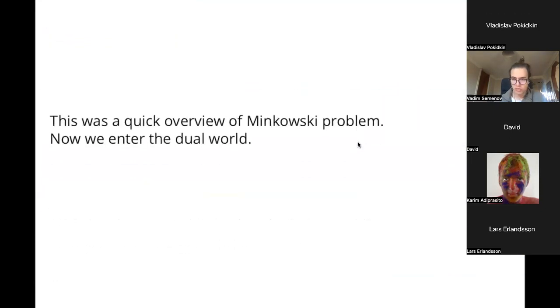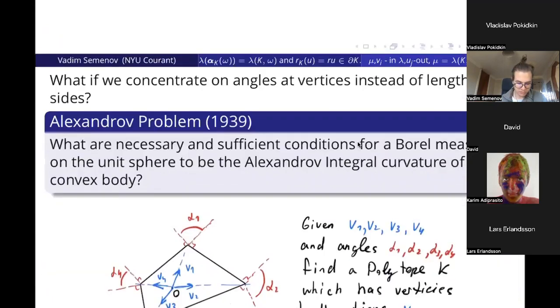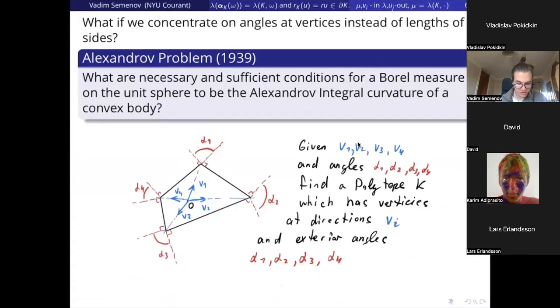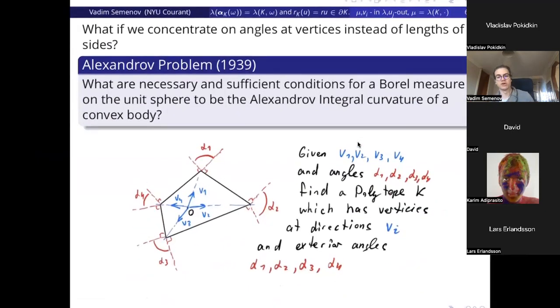But now we will get to a bit of a dual setting of the standard Minkowski problems. So Aleksandrov in 1939 asked the following question: what if we now don't concentrate on the facets, but instead we look at the vertices, right? And the first thing which comes to mind is that, okay, imagine you fix the direction of vertices. This is V1, V2, V3, V4.